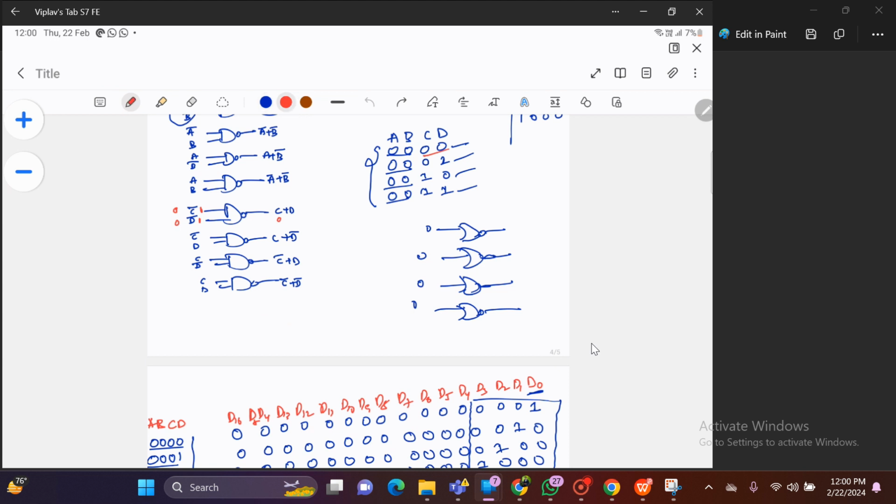So here it is 0 0, in the sense the C input is 0, already it is C bar, so we don't need to convert here. It is 0 itself.